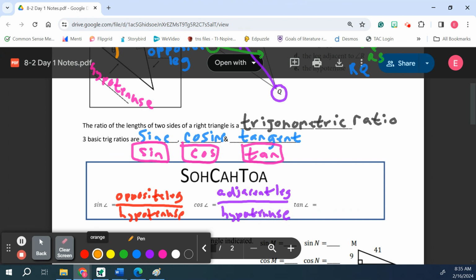And the tangent of an angle is going to be the opposite leg over the adjacent leg. So it's opposite over hypotenuse, adjacent over hypotenuse, opposite over adjacent.